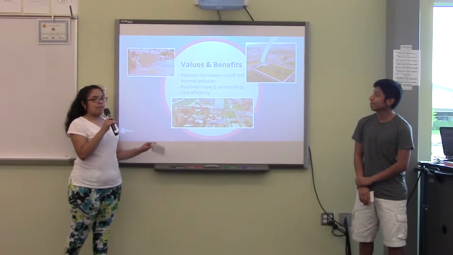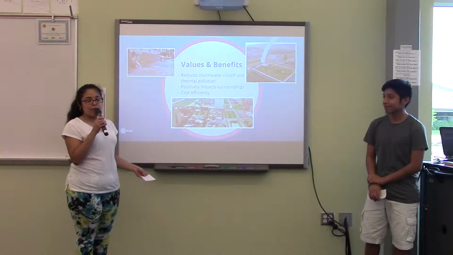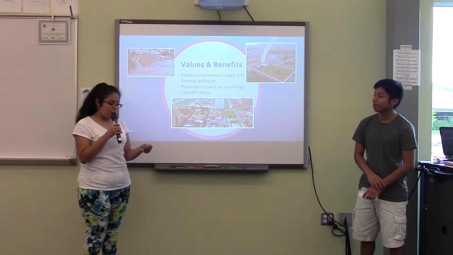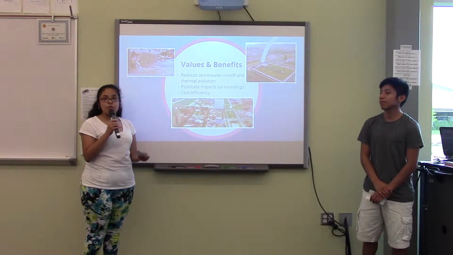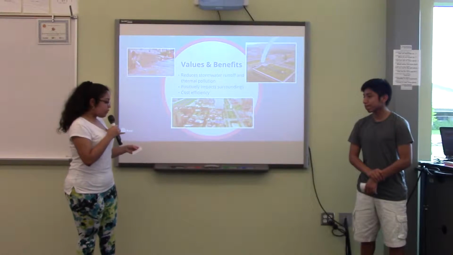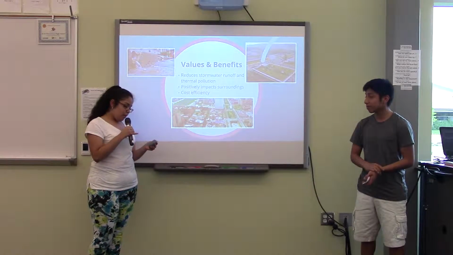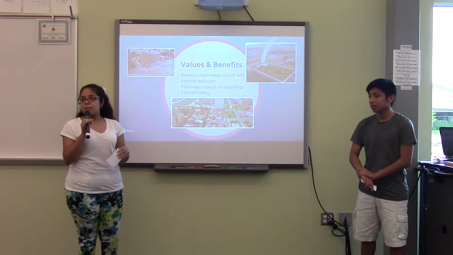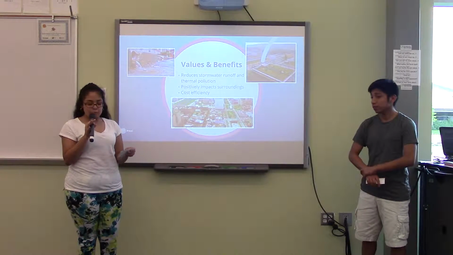So both Ryan and Eyvin have listed a couple of green infrastructures that we can use. But even though there's a bunch, the benefit of all of them is that they all include the benefit of reducing stormwater runoff and improving the health of surrounding waterways. Green roofs, for example, have the capacity to hold significant amounts of water, like 70-90%.